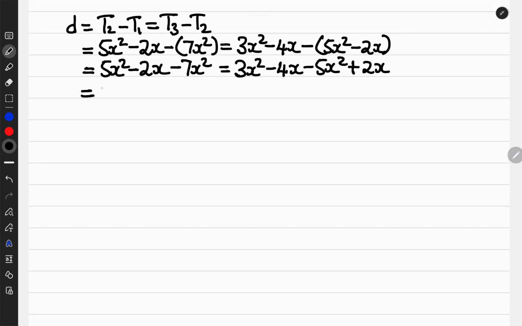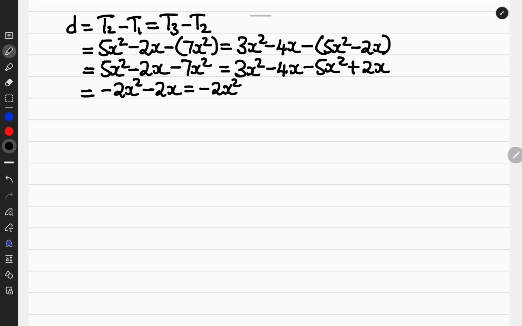What's next? Let's see. We're going to have 5x squared minus 7x squared, that will be negative 2x squared, minus 2x. And I can see that 3x squared minus 5x squared will also be negative 2x squared.